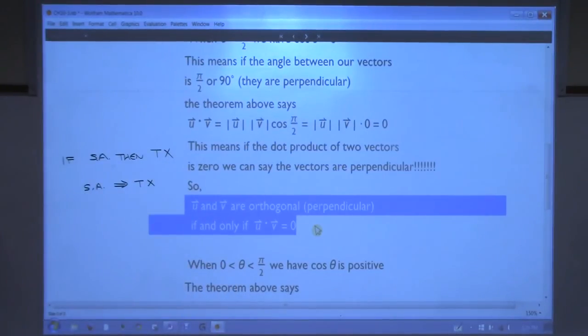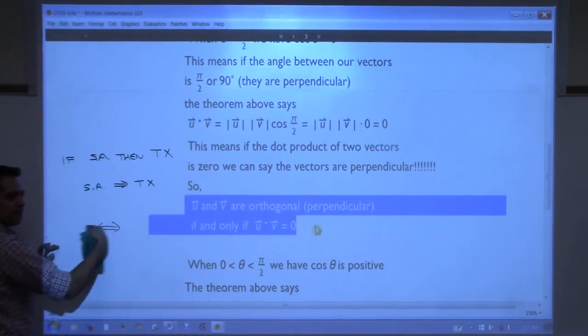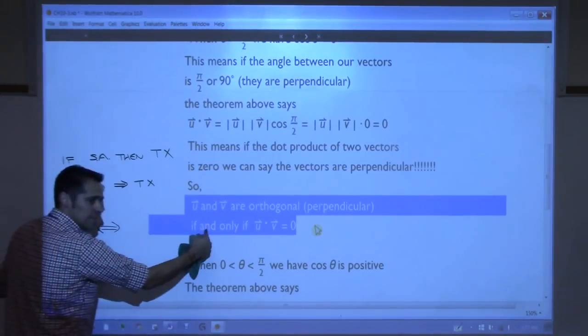Does it work the other way around? If you're from Texas, does that mean you have to be from San Antonio? No. So this would not be a double implication. It doesn't work both directions. If it does go both directions, it's called an if and only if statement. It's a double implication, and usually we put a double arrow going in both directions between the two statements. Okay? That's what this is.